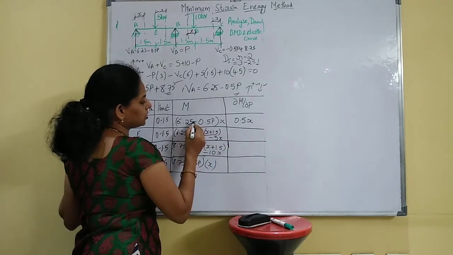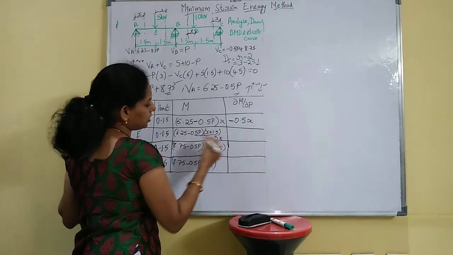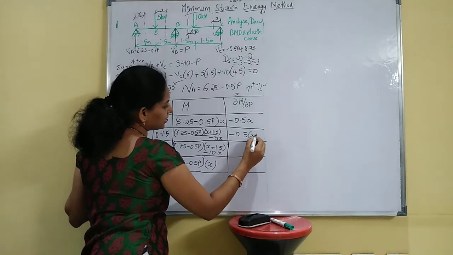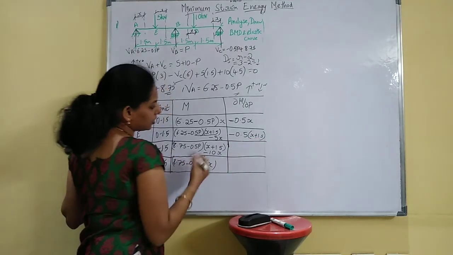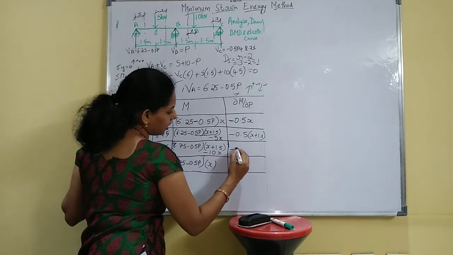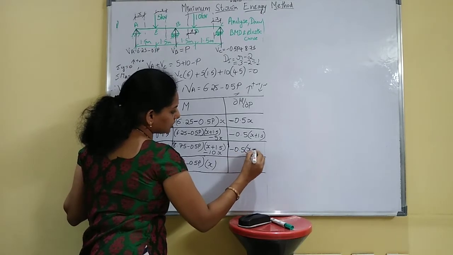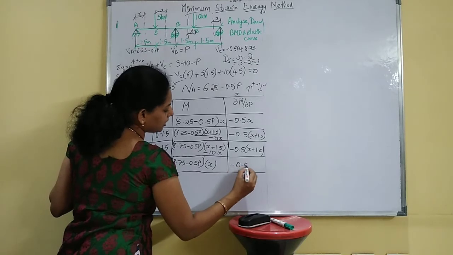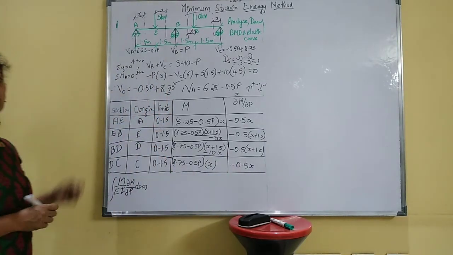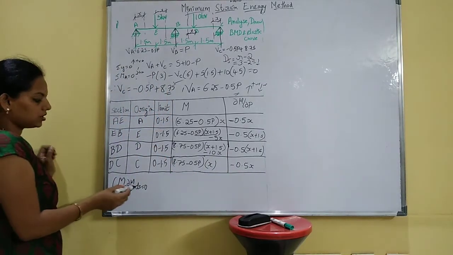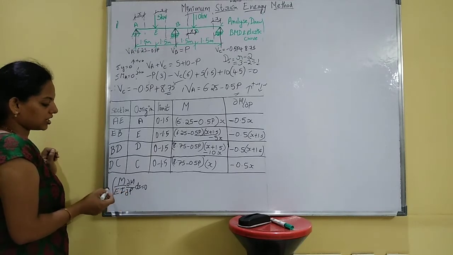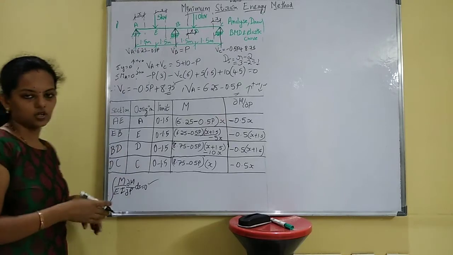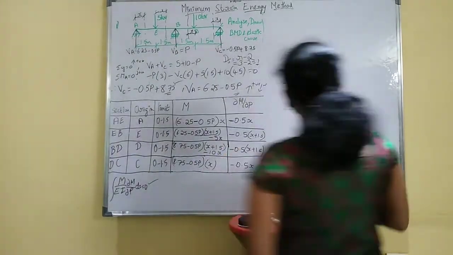Here also it is minus 0.5 times X plus 1.5, and here again the same 0.5 times X plus 1.5, and here minus 0.5 times X. This is after differentiation. Now from minimum strain energy, this is your formula. Now solve for the different sections so it will be clear. Then you combine and get the value of P.